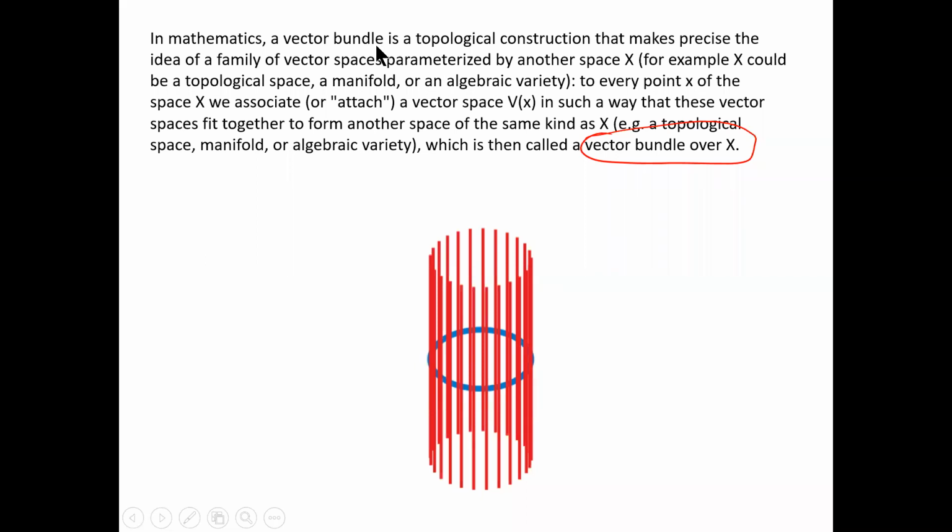A vector bundle is a topological construction that makes precise the idea of a family of vector spaces parametrized by another space X. We'll go from example to abstraction.